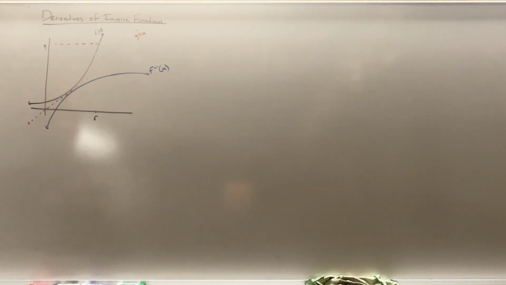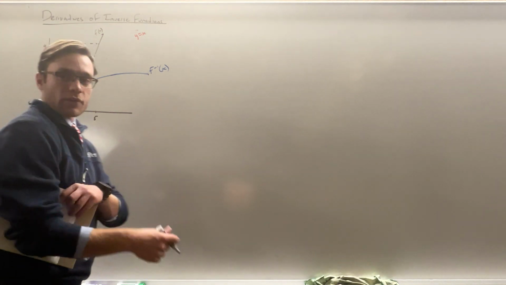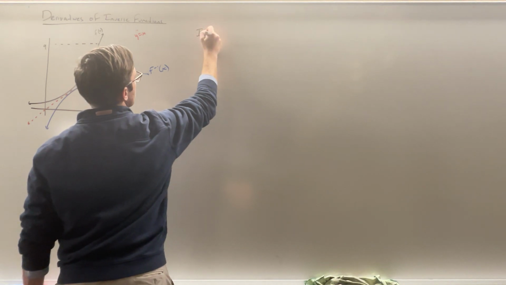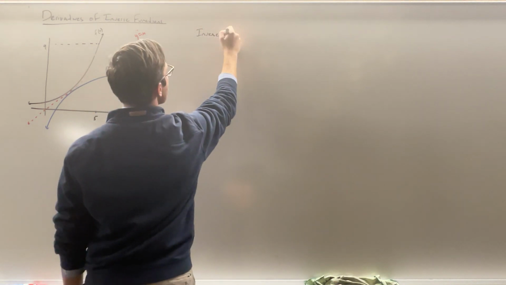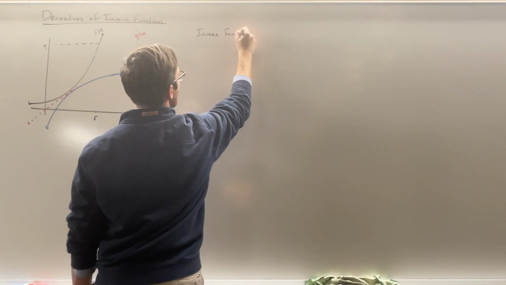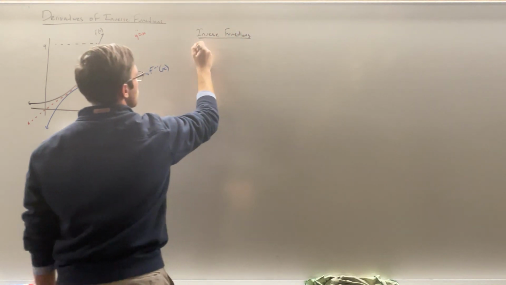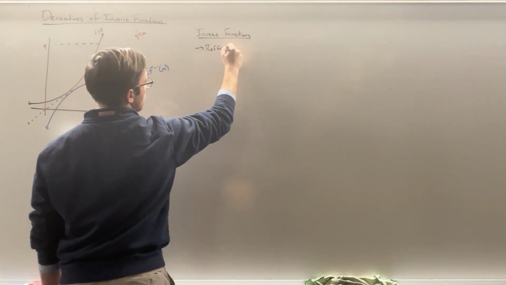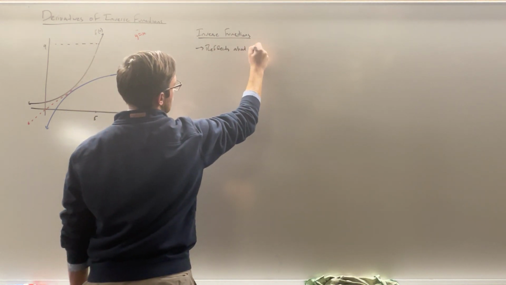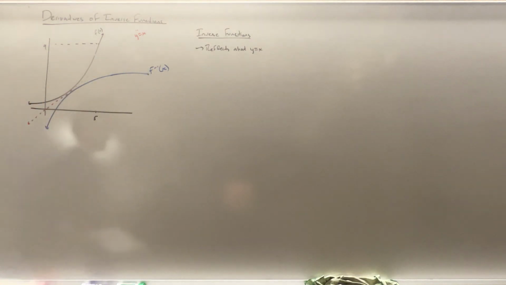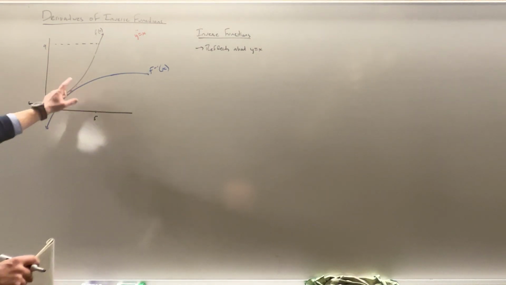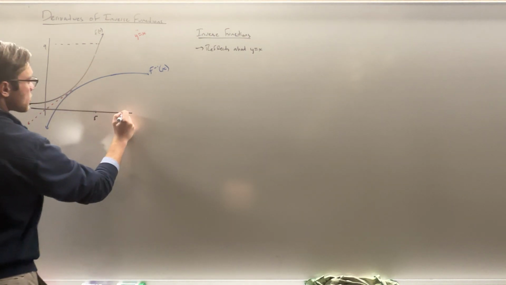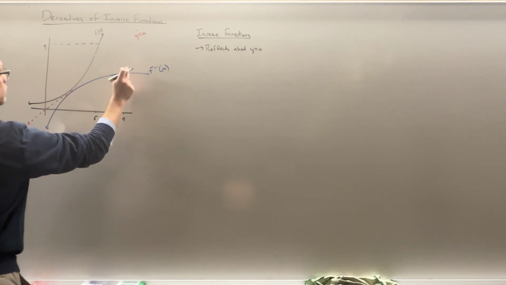Okay, and so if I'm going to write down a list of a few things that we should know about inverse functions, here's what we know, and we'll keep this list handy. What we've seen so far is that it reflects about the line y equals x. The inverse function is a reflection about the line y equals x. We also know that if this point 5, 9 exists, then a different point exists on the inverse, and it's pretty straightforward.